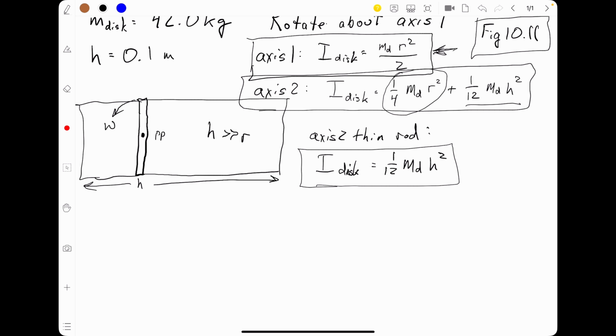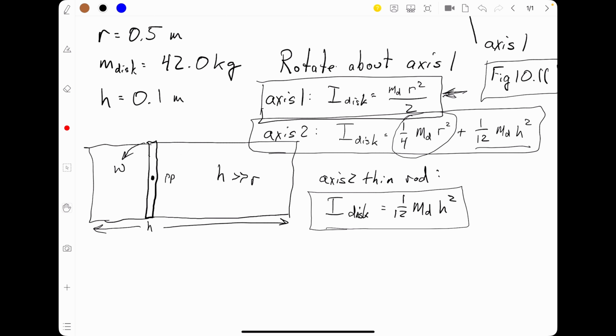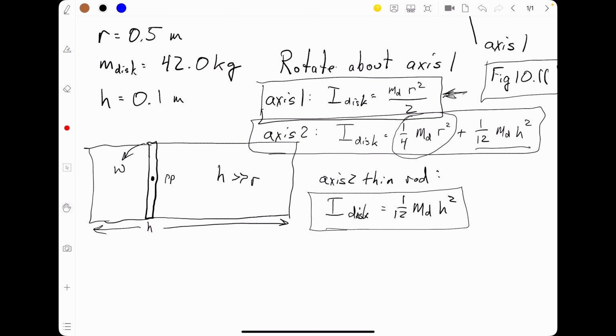Let's put some numbers to these. And here's where I would normally have you guys hooking me up with some number calculations. I disk, and we're gonna do axis number 1.